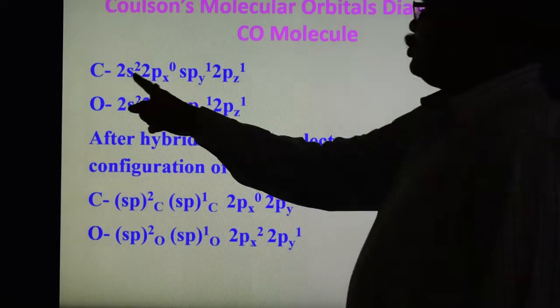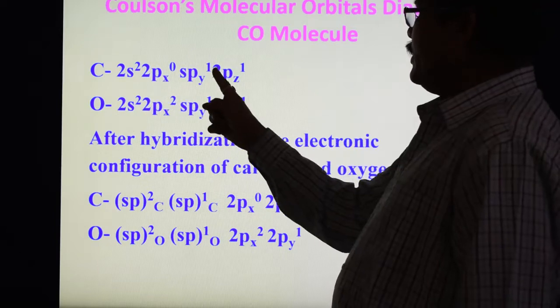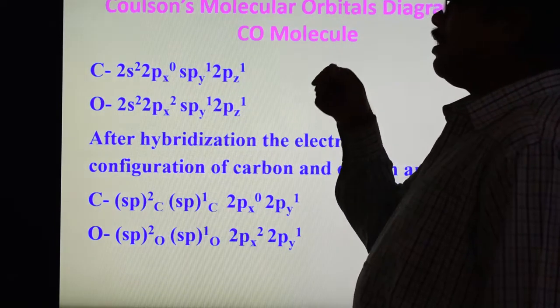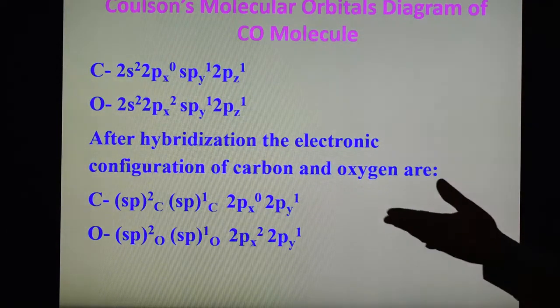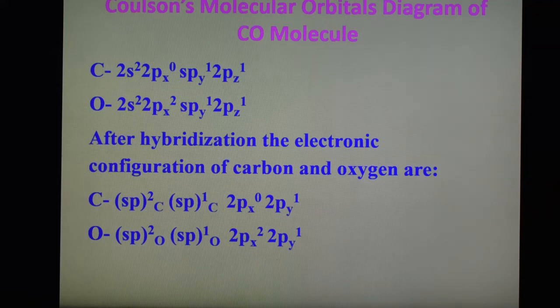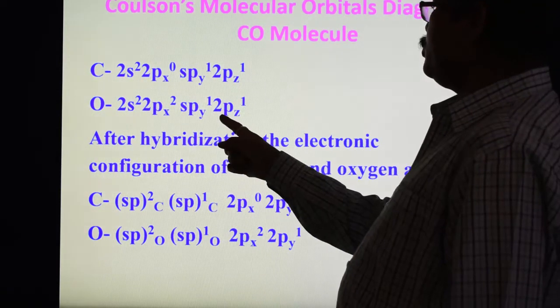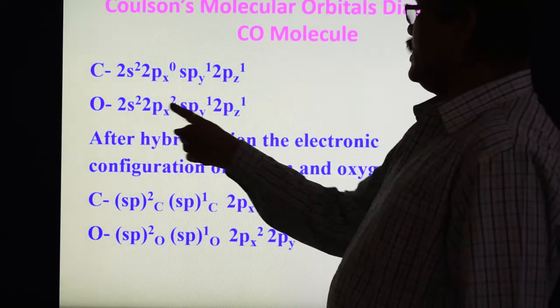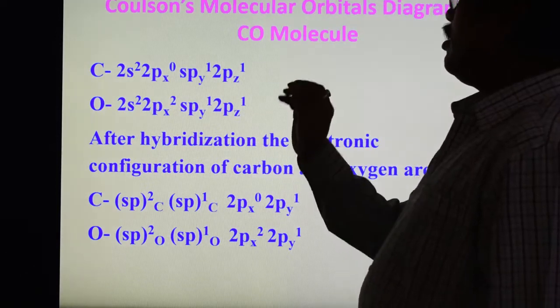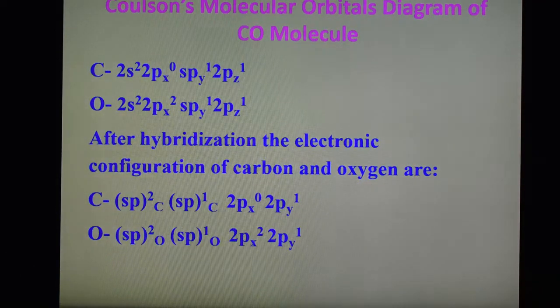Now the 2s orbital of carbon and the 2pz orbital of carbon undergo hybridization, forming new orbitals represented by the symbol sp(c), C for carbon. Similarly, only the 2s and 2pz orbitals of oxygen undergo hybridization, forming new orbitals represented by the symbol sp(o), O for oxygen.